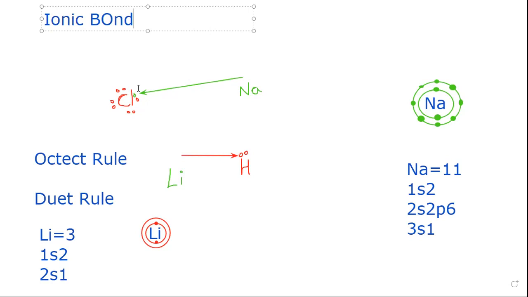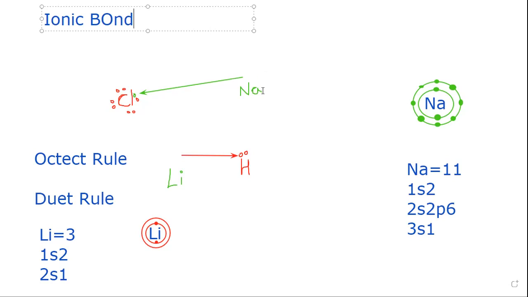It had 17 protons and 17 electrons. The same thing I have to say about sodium. Sodium, before this bonding happened, had 11 protons, that's its atomic number, and 11 electrons. So it was electrically neutral. It was a neutral atom.